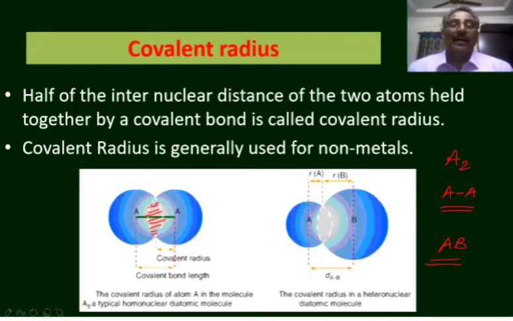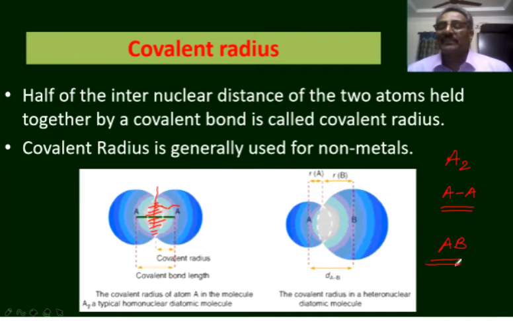So, half of the distance between A and A is said to be the covalent radius. The covalent radii are generally used for nonmetals.